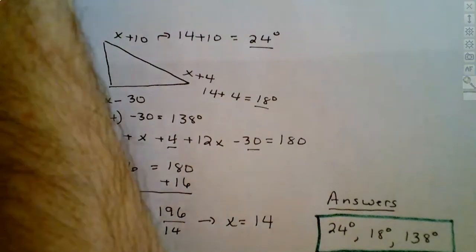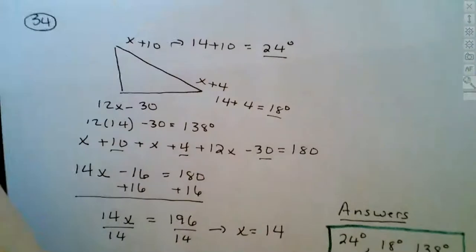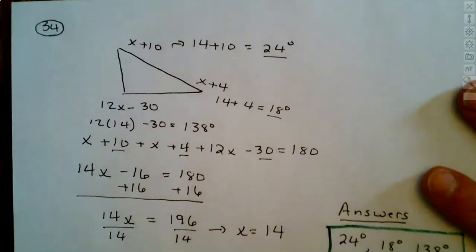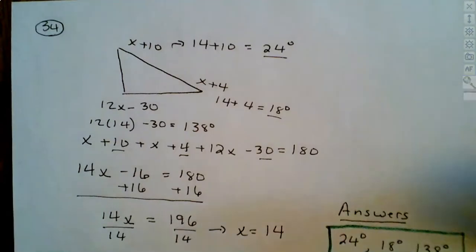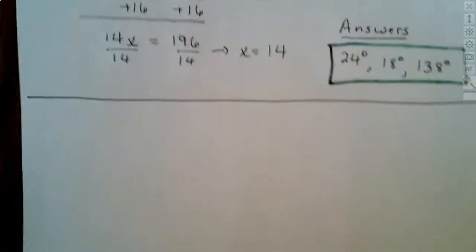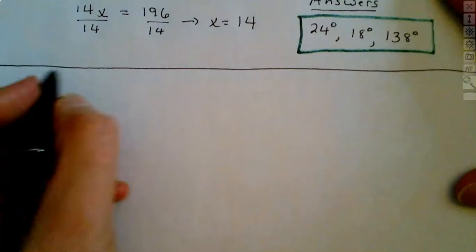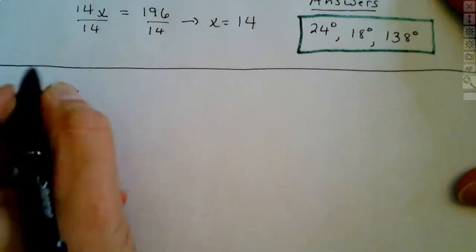So for triangles, they need to sum to 180 degrees. Here are some other angles that we need to keep track of as well. These are called complementary angles, and they sum to 90.